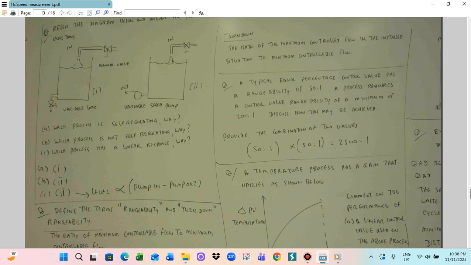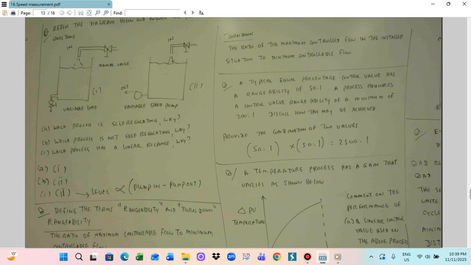With only one valve you cannot control it, because the process needs more capacity. So you have to combine them: instead of providing one valve, you connect two valves, and by this way you can get the range. So in this case, I will utilize the combined valves.